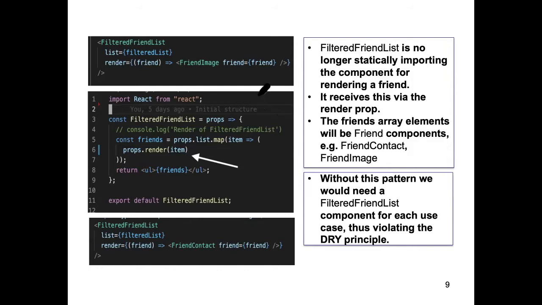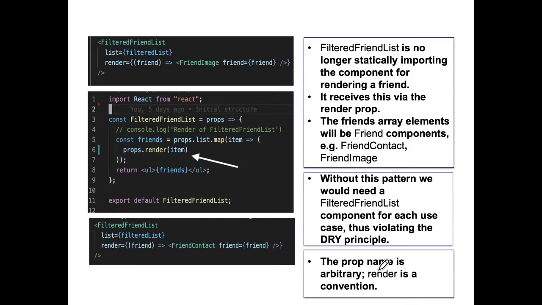So I'm reusing this in two different scenarios in my case. And the last point down here, as I think I've mentioned in passing, is that the name of the prop isn't really significant. It's just by convention referred to as the render prop, essentially because it's telling the shared component what it should render on its behalf.